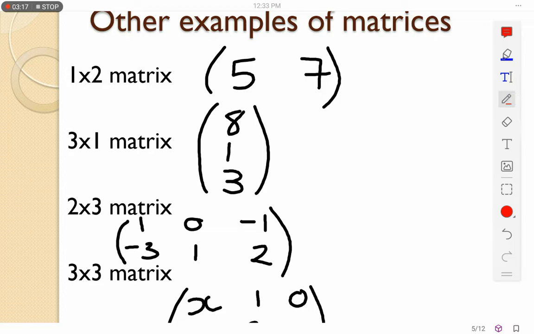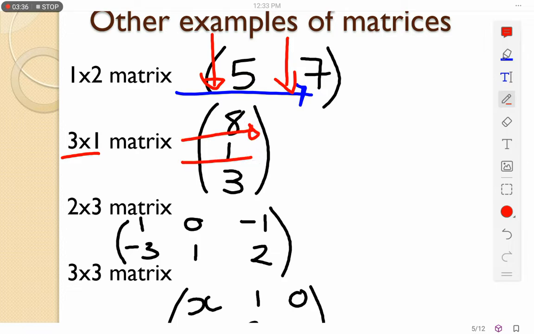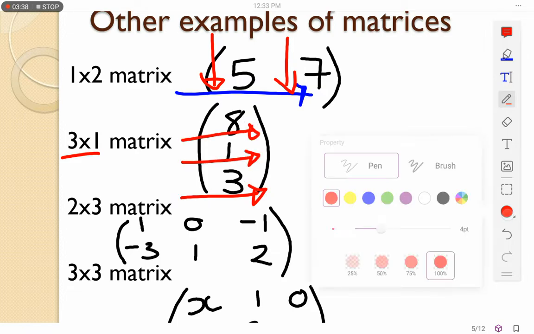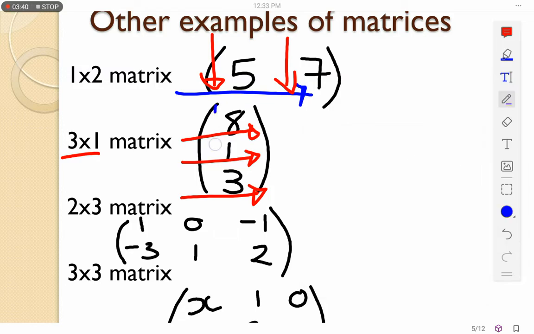So this is 1 row and I've got 2 columns. For the next one, I've got 3 rows, 1, 2 and 3. Then I've got 1 column that is going down.